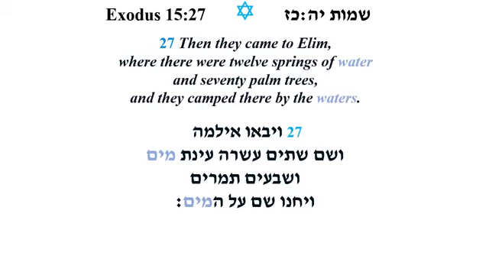If you notice in that second line, it's ayinot, the next to the last, ayinot mayim. Those are springs of water. So there's ayin, you hear ayinot. And there were 70 palm trees. So remember, ayin is 70. So it's combining the two of these, ayin and 70, in the one verse. Very nice.